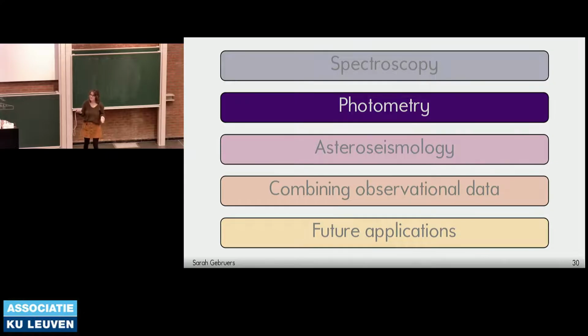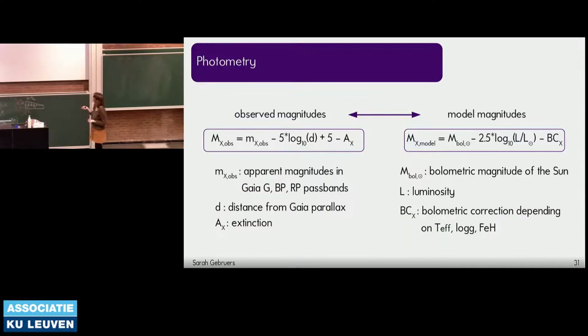Okay, enough about spectroscopy. I'll quickly go over photometry, because this is still work in progress. How I'm going to fit photometry is by comparing observed magnitudes with model magnitudes. For the observed magnitudes, that means we have to convert the apparent magnitudes to absolute magnitudes using the distance and the extinction value.